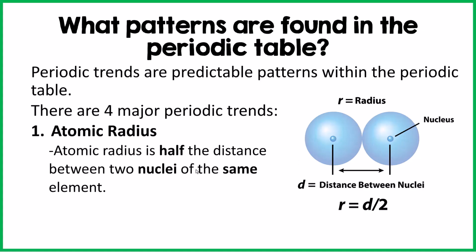So atomic radius is half the distance between two nuclei of the same element. So measuring the distance between these nuclei and then dividing it in half gives us the radius. And that's a little bit easier to measure than if we just did one specific atom.